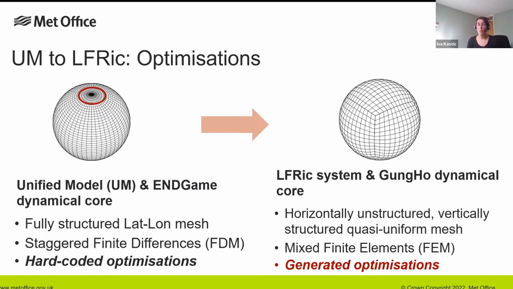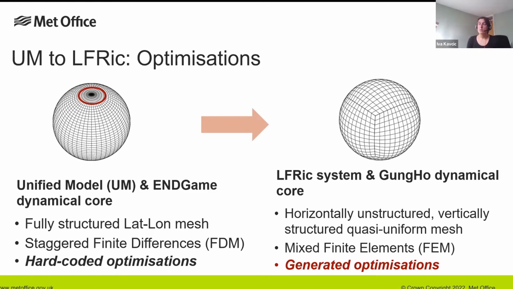So this slide basically illustrates what we're trying to do here in the Met Office in developing this new weather model. The Unified Model uses the ENDGame dynamical core, which is written in staggered finite differences, and it works on a fully structured lat-long mesh. The optimizations are hard-coded in the scientific code, which makes any kind of porting or adjustment for a new architecture quite difficult.